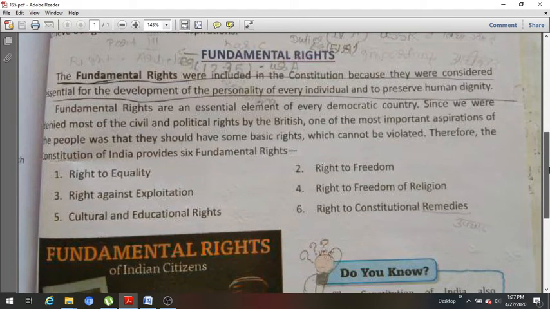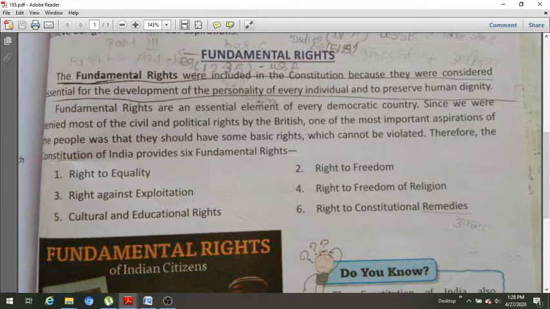So first, let us see what the fundamental rights are and why they have been included in the Constitution. Every right that gives the life of an individual a meaningful life, that gives dignity to every individual, to feel like a dignified individual, is called a fundamental right.